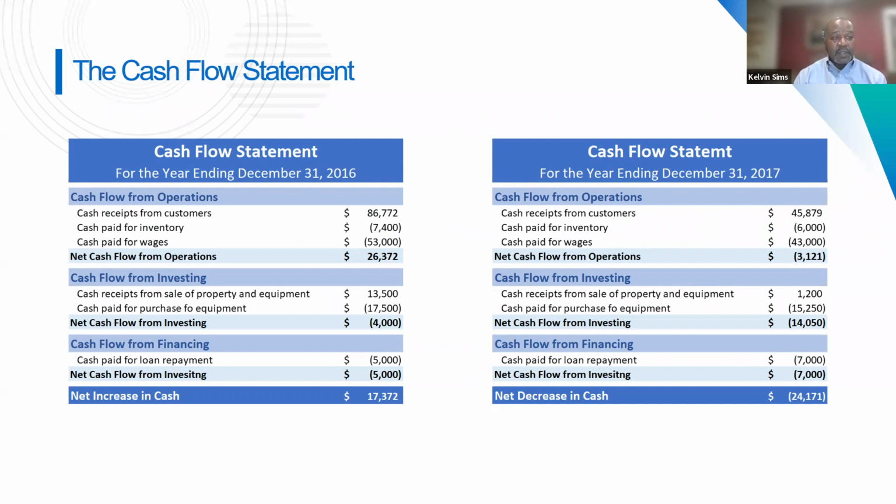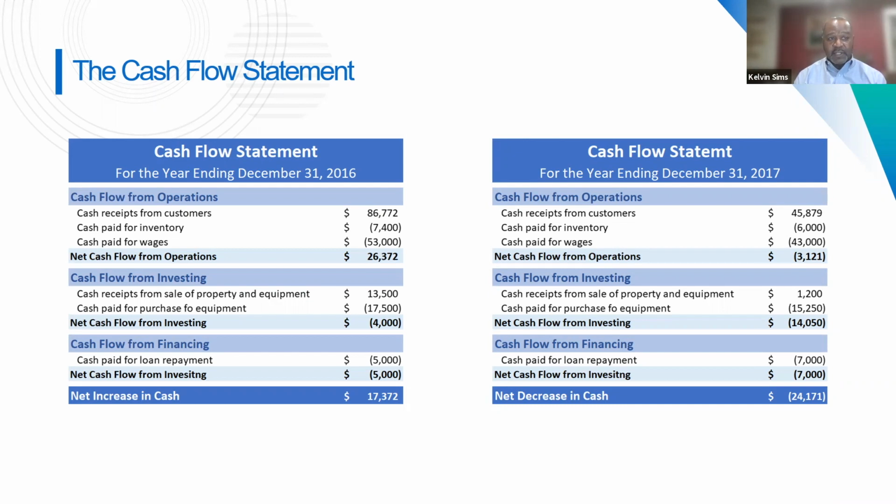And then from a financing standpoint, why did we have more interest or more cash payments on our loans? Did we take the loan in 2016? Did we take the loan out in Q2 or at the end of Q1? And in '17, we had a full year. Those are the things we would need to look at to evaluate why our business had a negative cash flow.